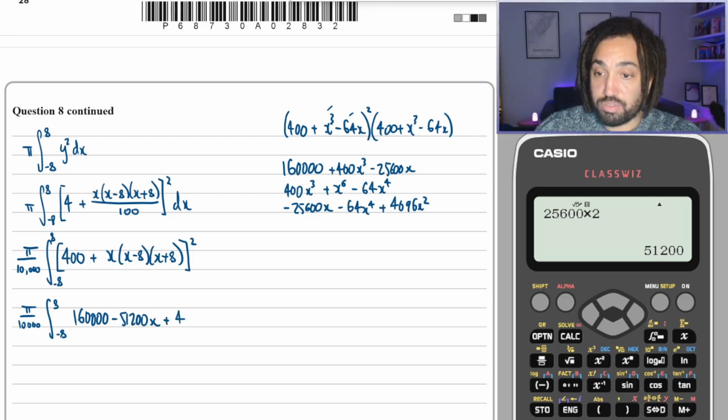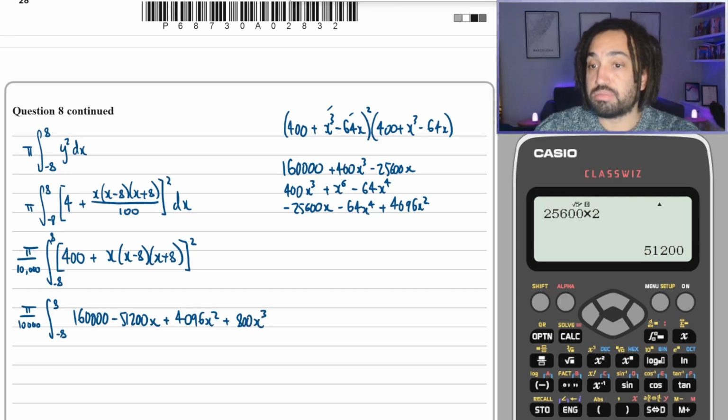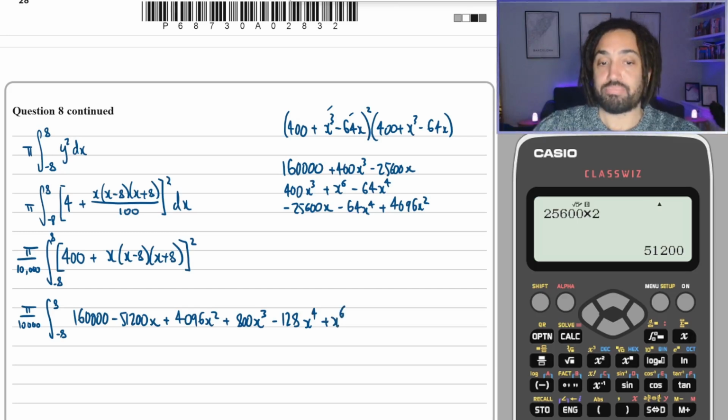I've got a plus 4096 x squared. X cubes, I've got 800 x cubed. And then the final term, I believe, oh no, there's some x to the 4s here, of which there are two negative 64s, which makes negative 128 x to the 4. And finally, I've got x to the power 6. Okay, dx.